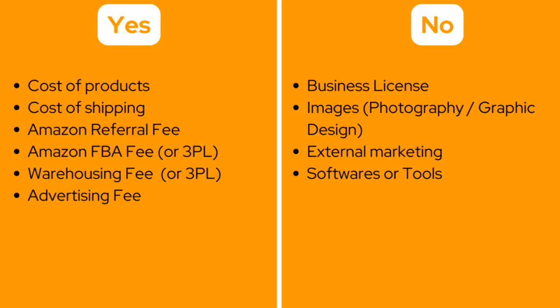Those are things that you should add in general on top of your business. Software or tools or anything that you are using in order to manage your business, those additionally are not things that you could add to the cost of each and every product that you are selling.